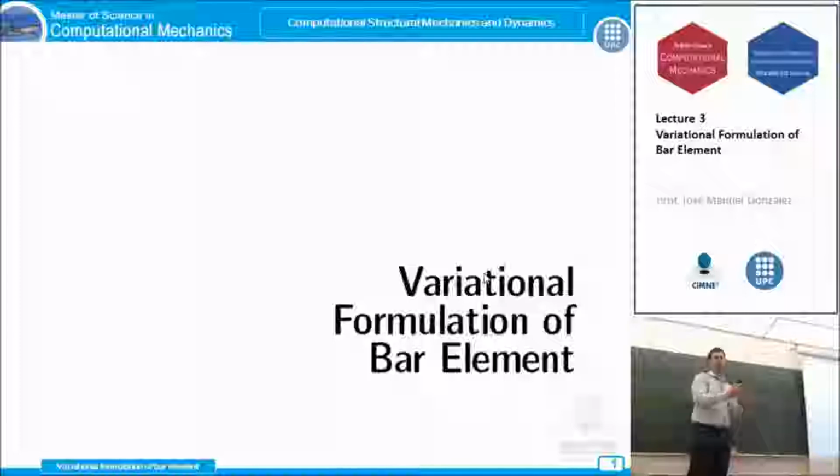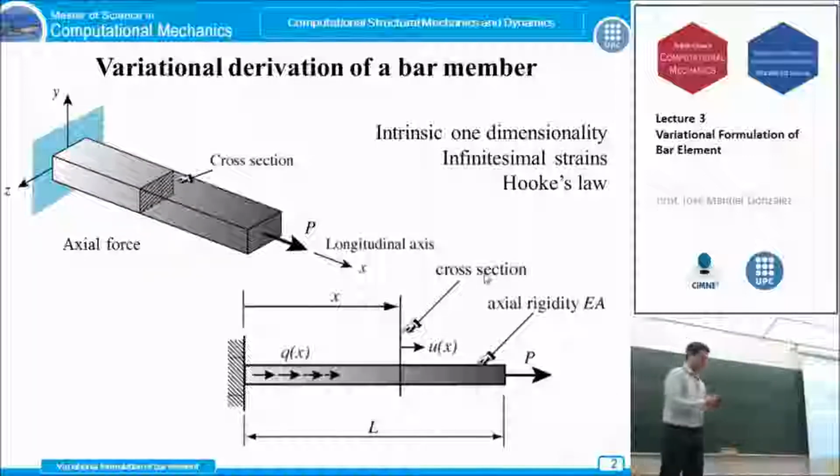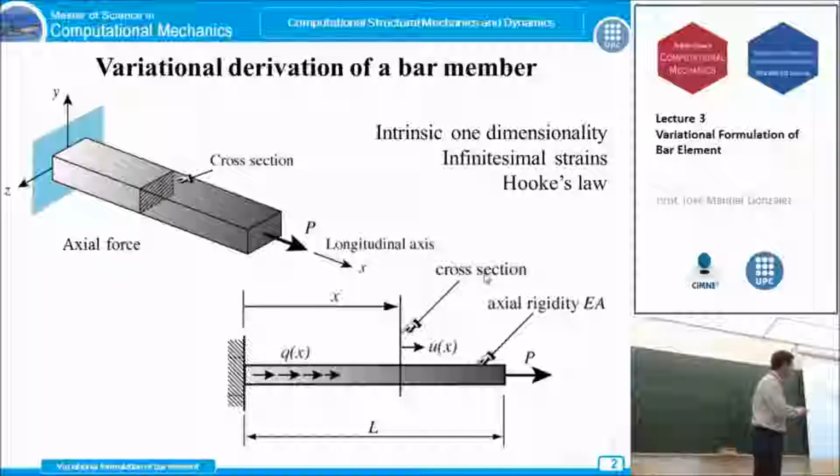We don't need the simple mechanics of materials postulation, but using an energy principle to get these governing equations makes the problem much more consistent, and we can arrange some convergence properties which make us much happier about our solution. So we're going to start using a very simple element, which is the bar member.